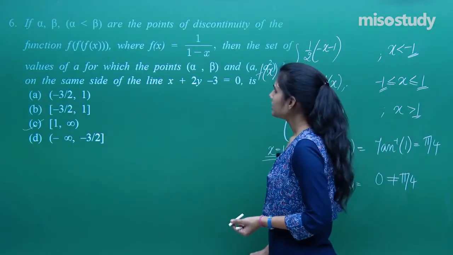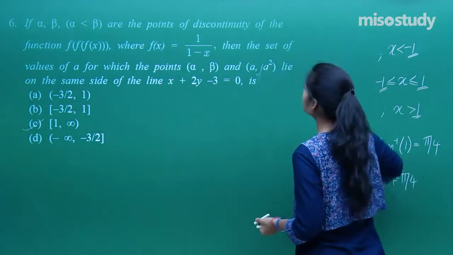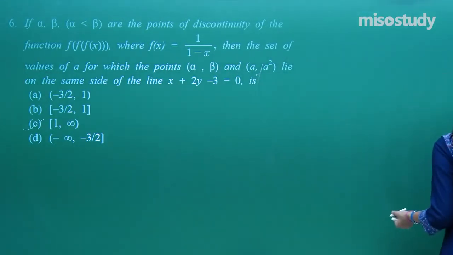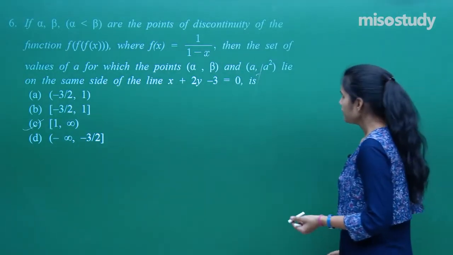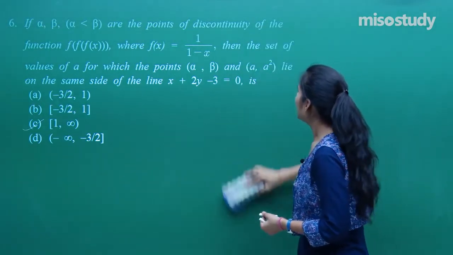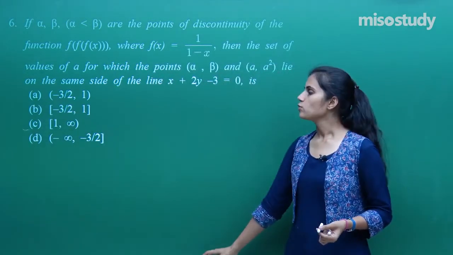Now the next question says if alpha and beta are the points of discontinuity of f of x, where f of x is this, then the set of values of a for which the points alpha and beta and (a, a square) are on the same side of this line is what?